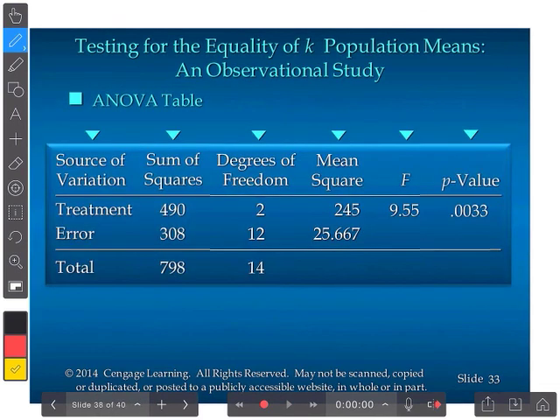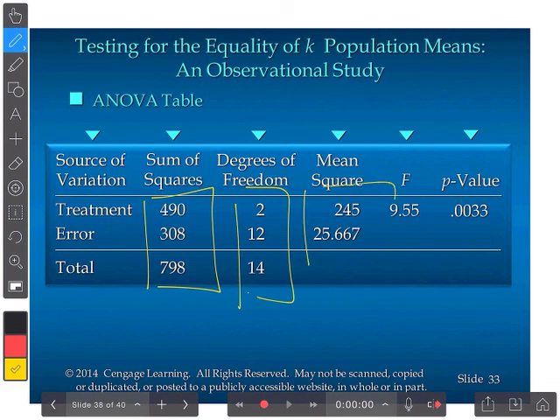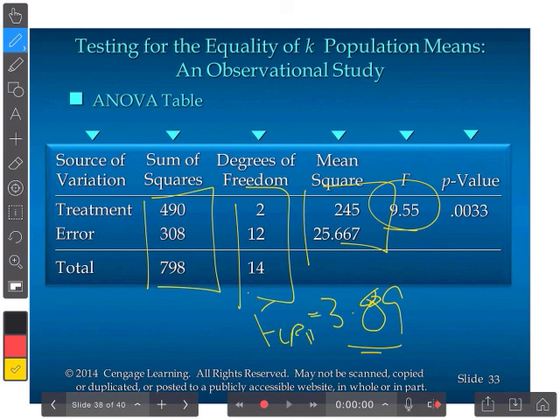We could also find the p-value. So here we go. We could summarize our data as we see here. And here's our F value. The critical value, if we're using the critical value approach, is still the same. F critical is 3.89. As you can see, 9.55 is bigger, and the p-value is less than 5%.